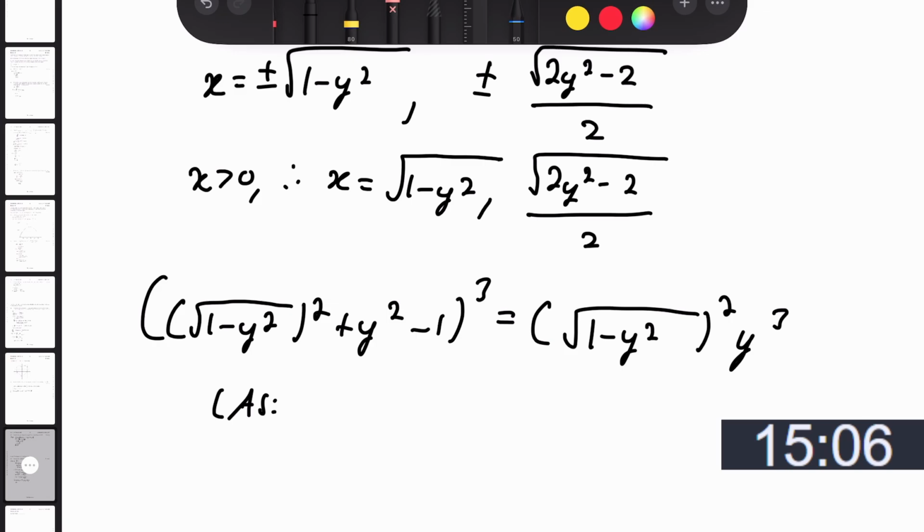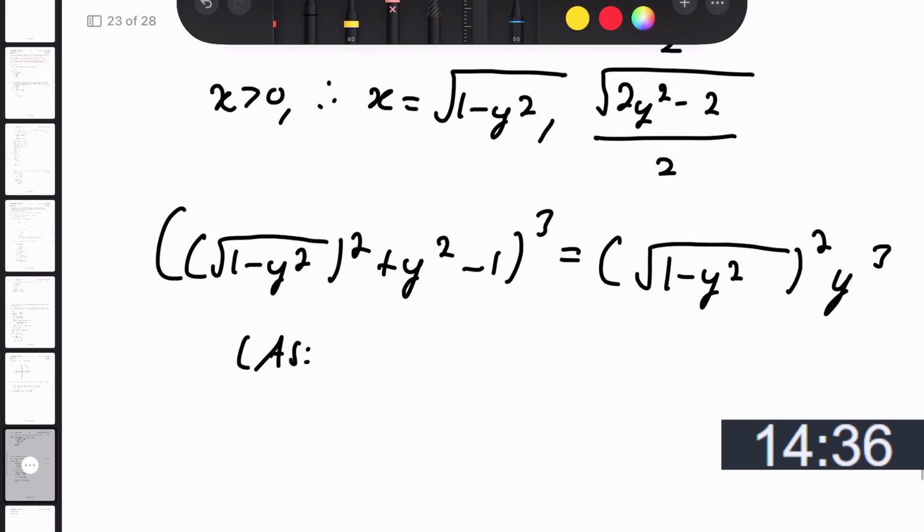Let's put in this time the other one. So square root of (2x squared minus 2) on 2. This square root of (2x squared minus 2) on 2, squared. Okay, this looks more like it.